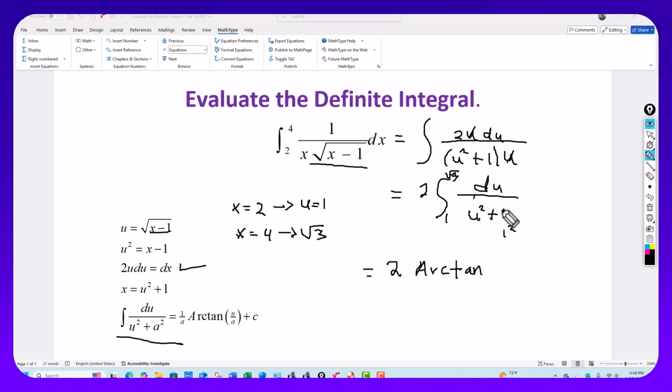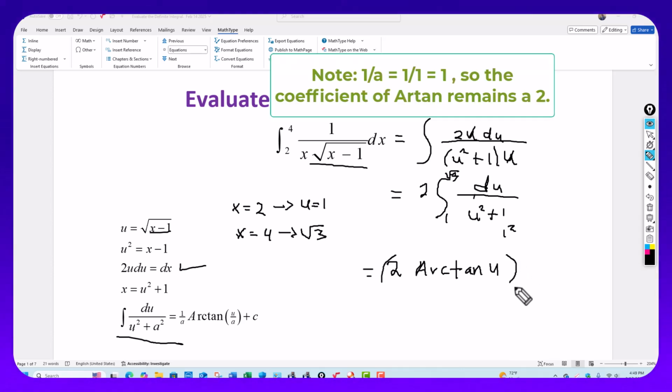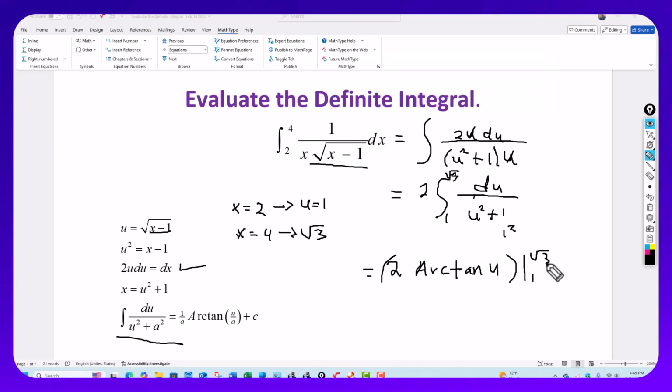So we have the u, and the a, of course, is 1. So it's u over 1. It's just going to give us u. We got that. And this is now evaluated from 1 to the square root of 3. So this will be 2 times arctangent of the square root of 3.